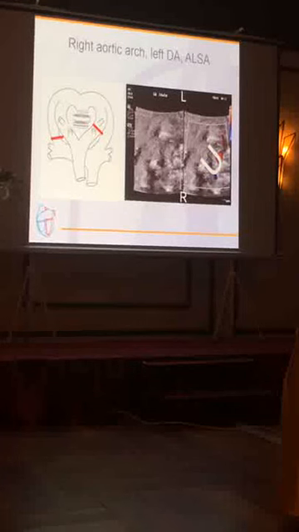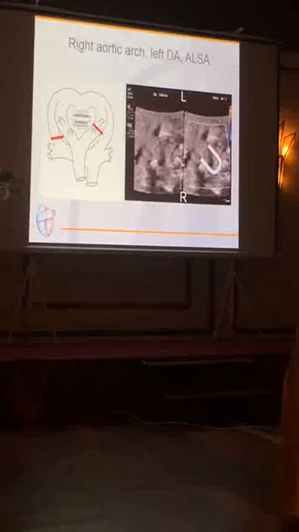It means that you have a right aortic arch, left duct, and the left subclavian artery in most cases will be an aberrant vessel. It means that it goes from the right to the left when the ductus arteriosus closes. This is how it develops, and again, the arches are interrupted in the wrong places.